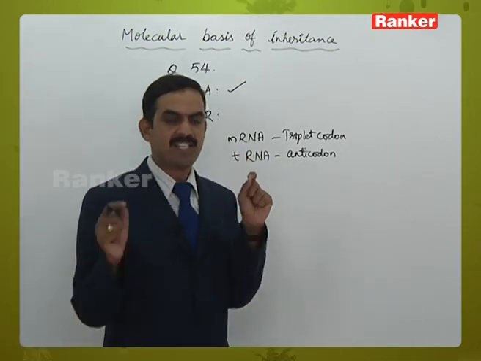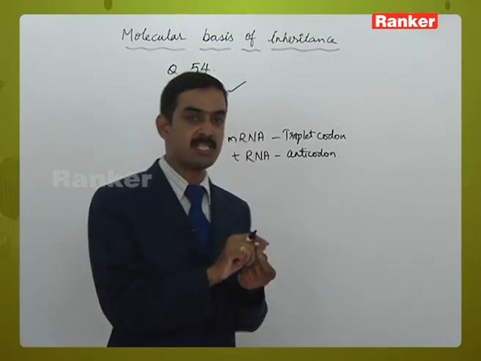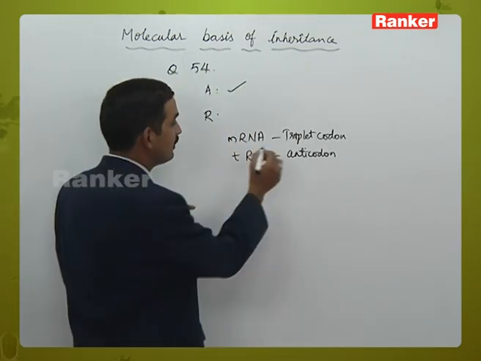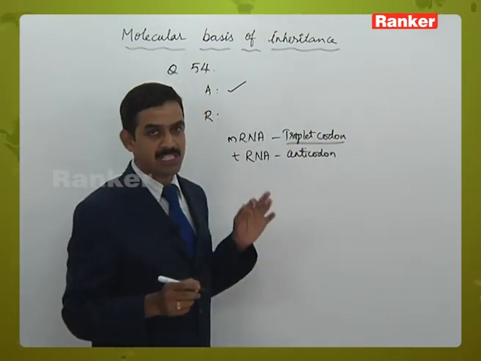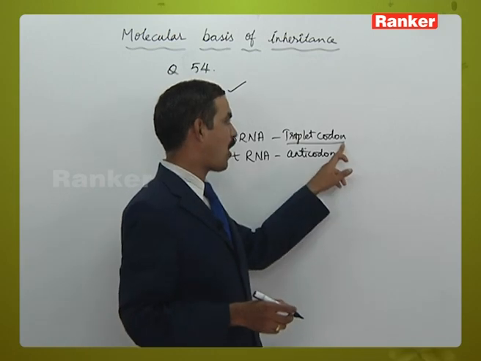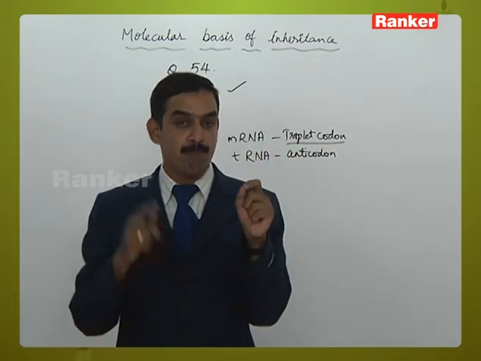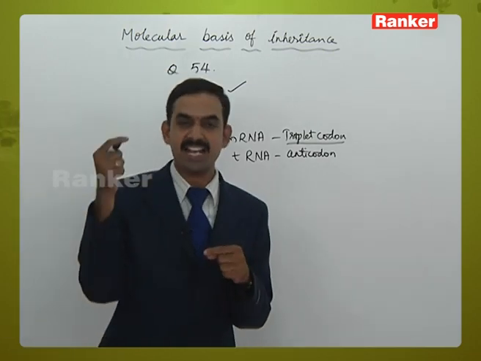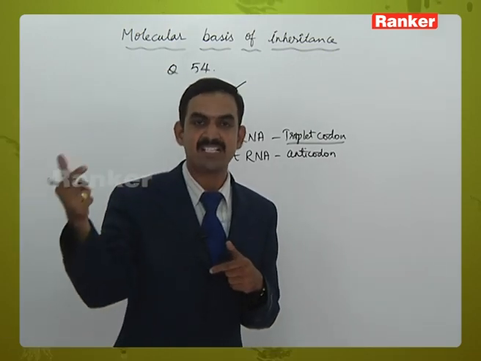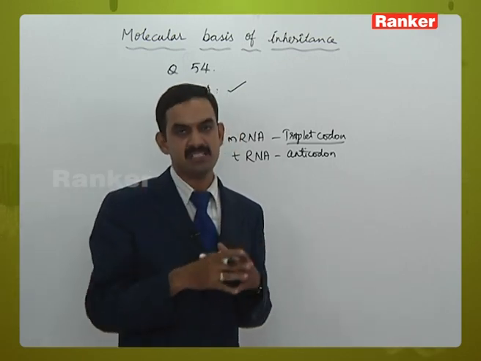Which amino acid this tRNA brings to the site of protein synthesis is based on the triplet codon sequence present on the mRNA molecule. As the anticodon is complementary to the triplet codon, each amino acid has its specific tRNA, and that tRNA will transfer that specific amino acid to the site of protein synthesis.